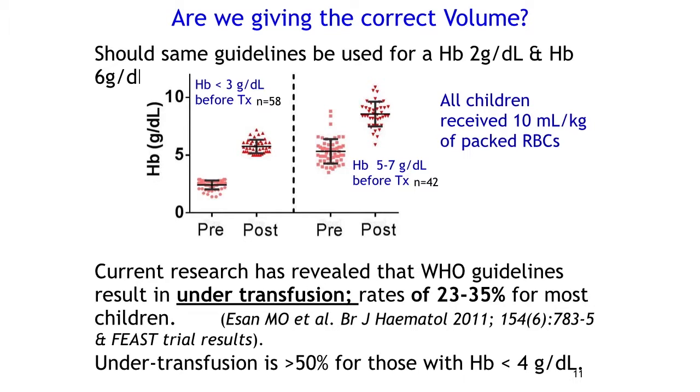The child is severely anemic, you want to push them above 6, but after the clinical maneuvers of your transfusion, they are not above 6. So that's an under-transfusion. This 35% is quite high. And other studies have said that this percentage can even go above 50% if the child is severely anemic, like a child who comes in with an HB of 2.